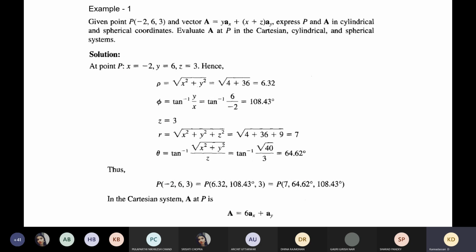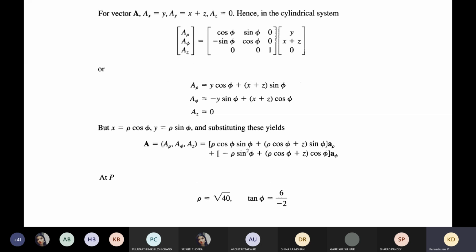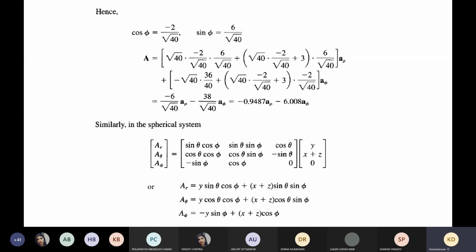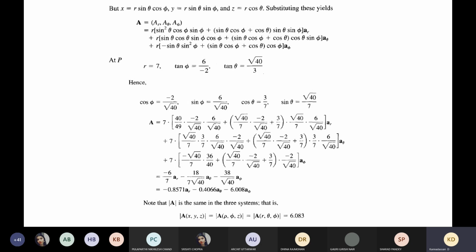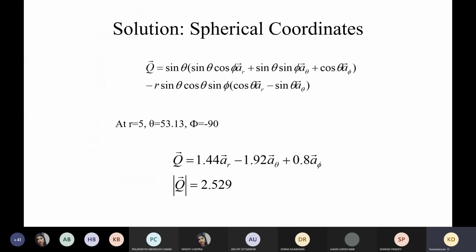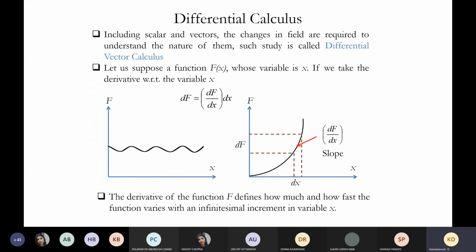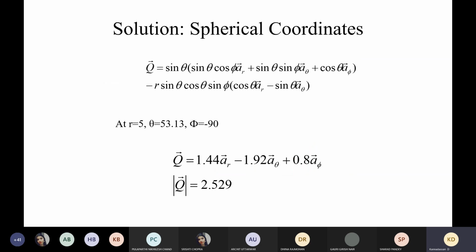There are some examples I have listed here. You can tell me whether I should teach them or not. Next, we will go to differential calculus in the next class. Tomorrow we will discuss that, because this is also very important, where the changes are defined in terms of vectors and the coordinate system.